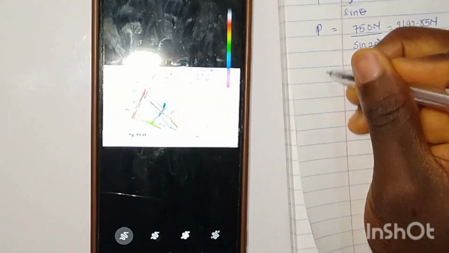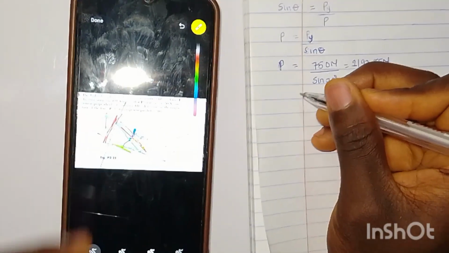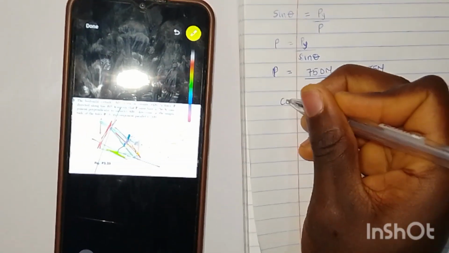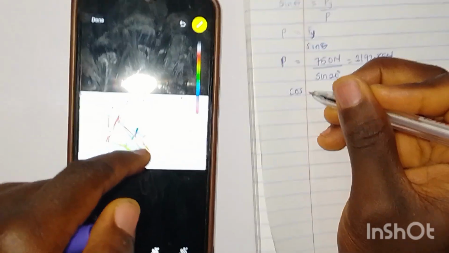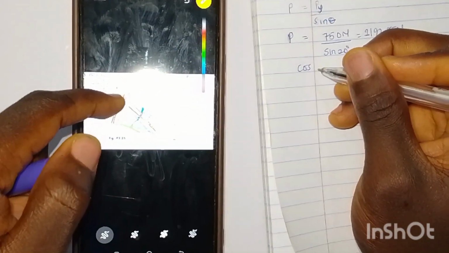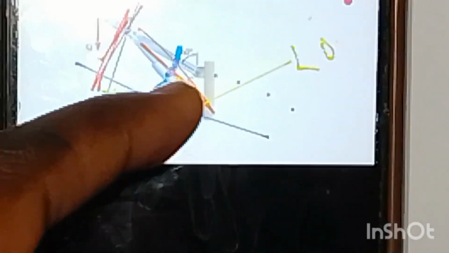By resolving it, we have cos theta, because this is adjacent to this 20 degree angle, and this is opposite to the 20 degree angle. Since we are looking for the adjacent one, we use cos theta.